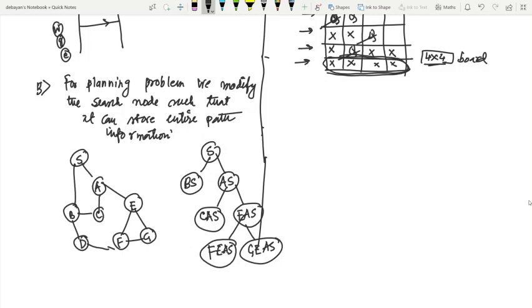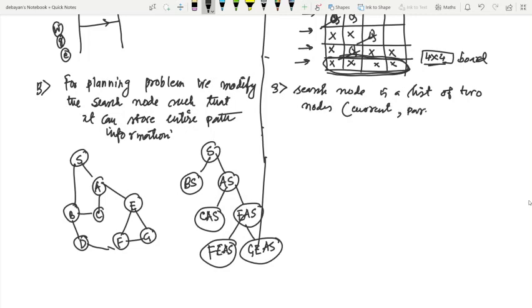Whereas in the case of a configuration problem, the search node is a list of two nodes, current and parent.